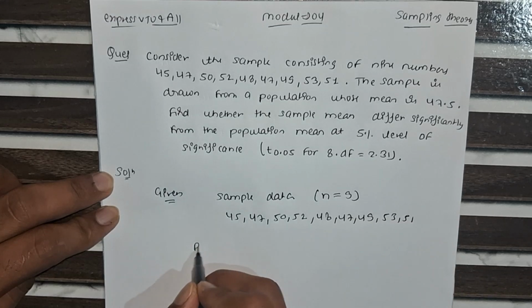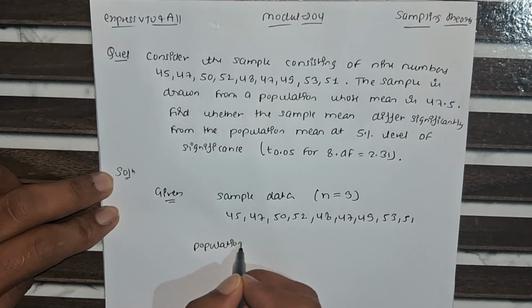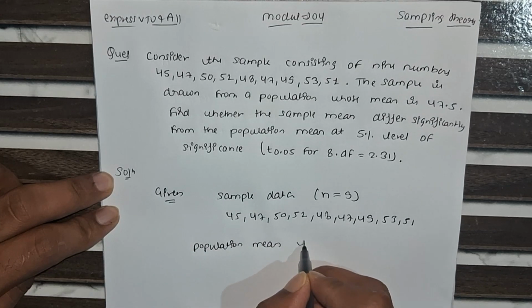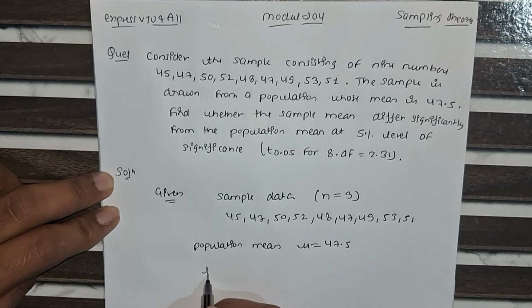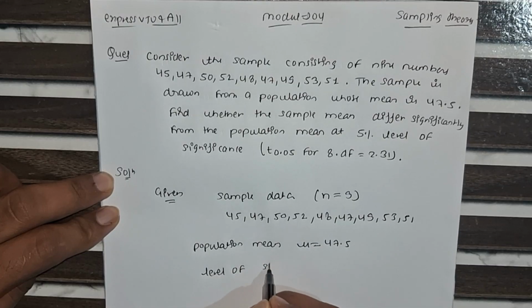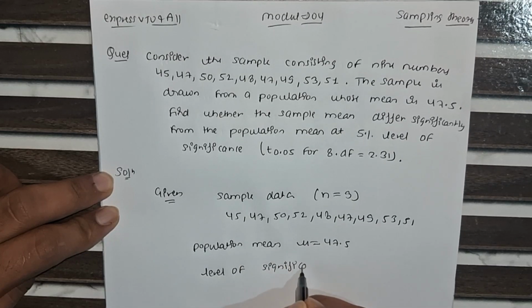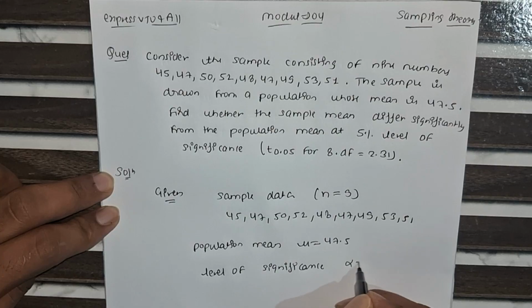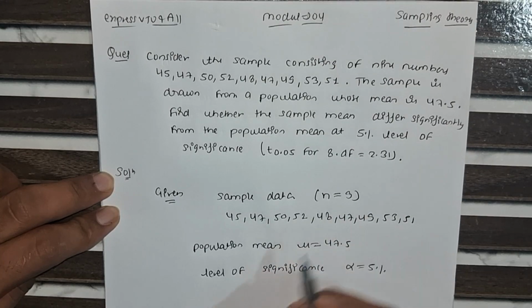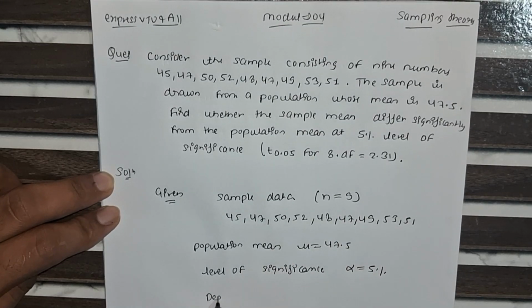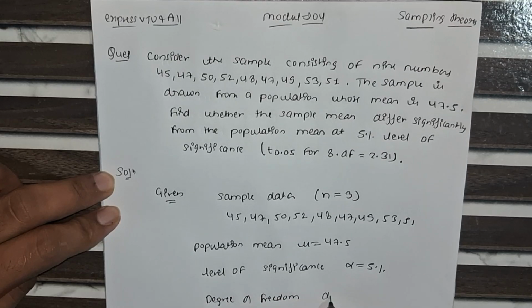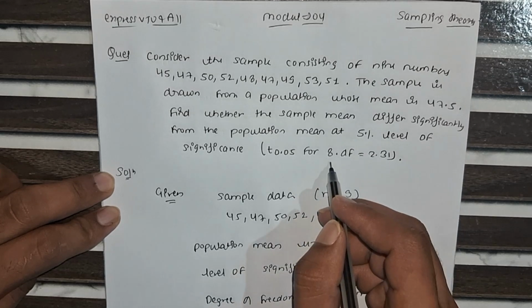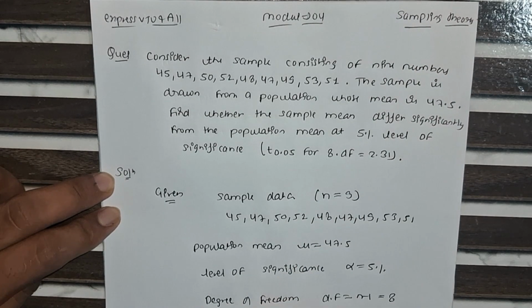The population mean mu equals 47.5. The level of significance, which is alpha, equals 5%. And the degree of freedom, df, equals n minus 1. That's why 8 is given here, since the value of n equals 9.